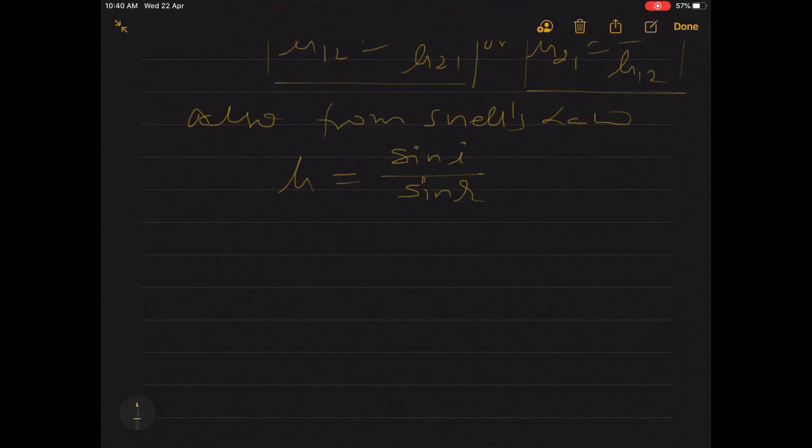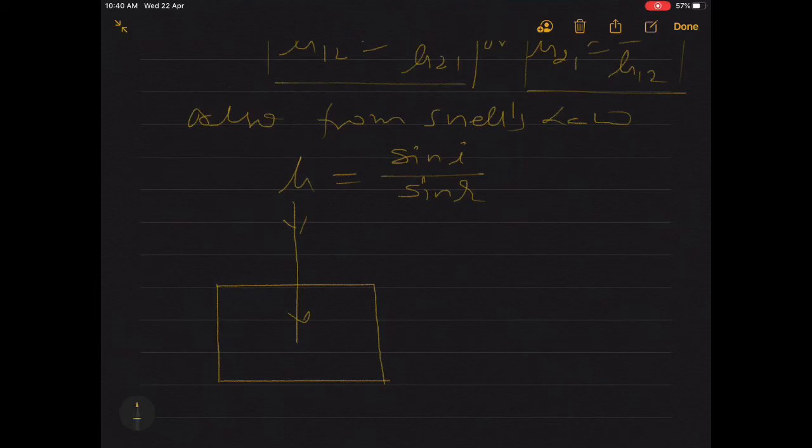One thing is very interesting to know here, that what happens if the ray is entering from one optical medium to another optical medium along the normal.